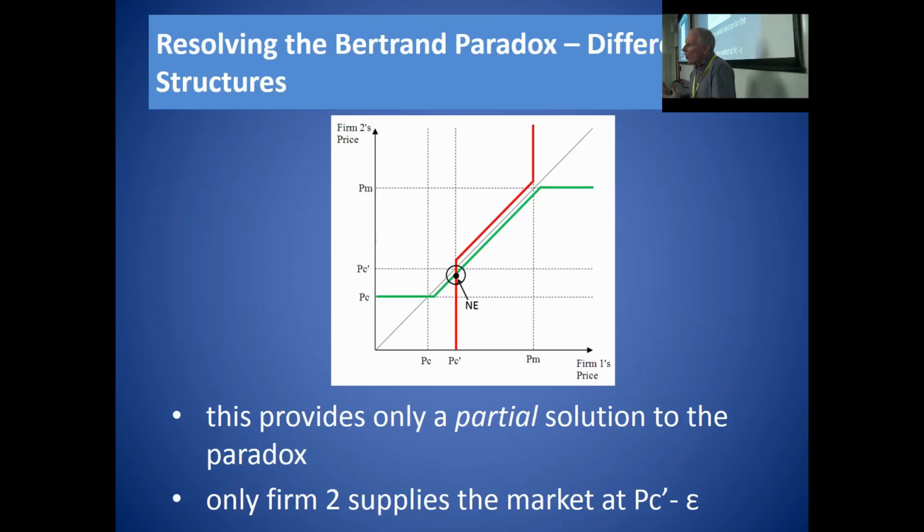Because what keeps this market in check isn't actual competition from firm 1, but it's potential competition. So, that is what gives us a partial solution. Yes, we get prices in excess of marginal cost, but now we've only got one firm supplying the market, and that one firm doesn't charge a monopoly price. But a partial solution to the Bertrand paradox.